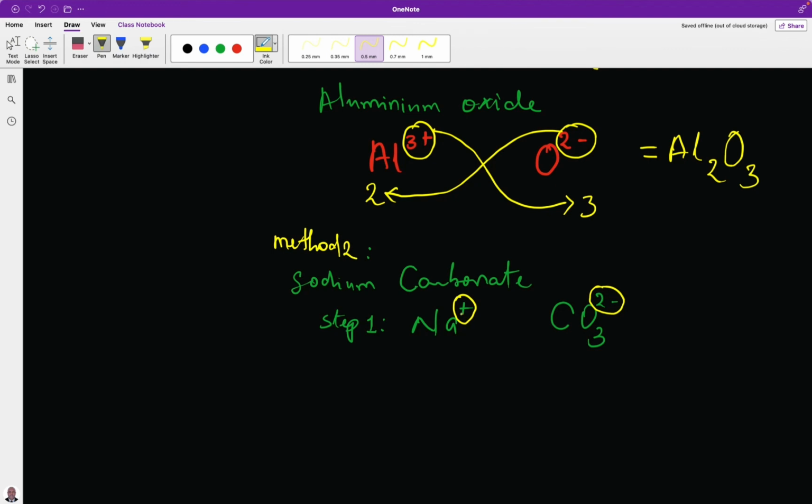Here we have only one positive, but there are 2 negative here. So we need another 1 positive to cancel this one. We need to add another sodium there, but we will not add anything here.